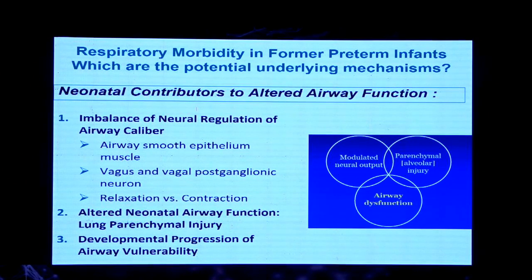Let's tackle some hypotheses. Imbalance of neural regulation of airway caliber, of course, is there. We know that smooth muscle epithelium balance and vagal balance are impaired in premature infants.